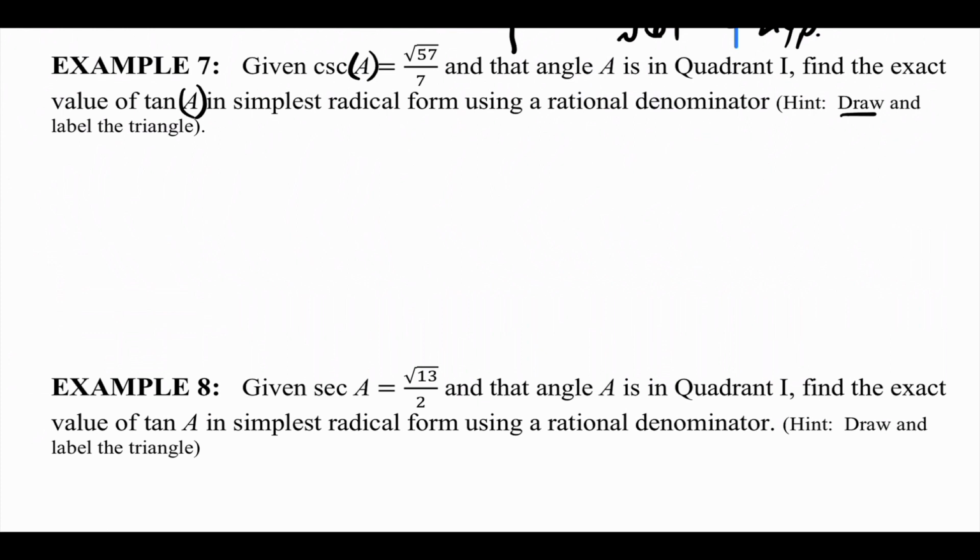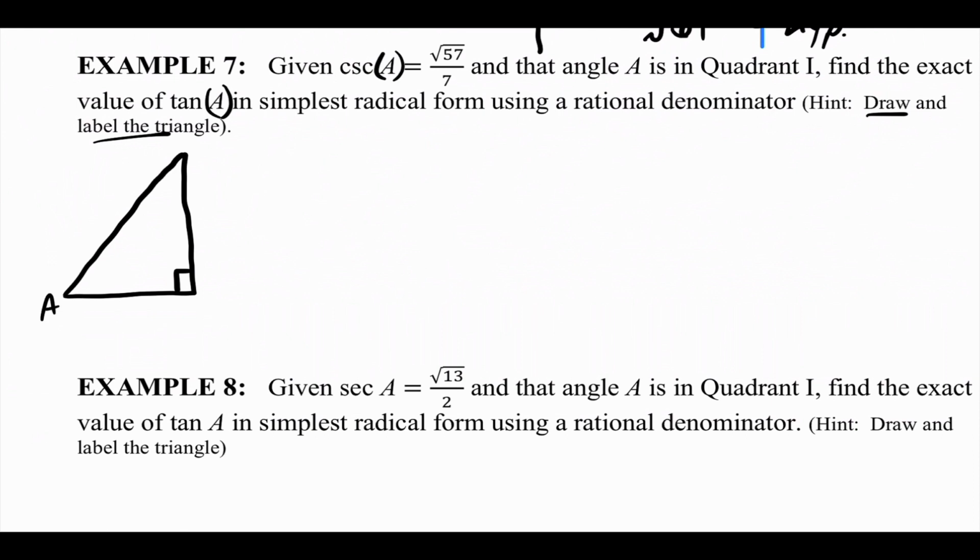So the first thing I'm going to do is draw and label a right triangle. A and B are interchangeable. So if you have A on top and B on bottom, that's okay. C is going to be the right angle.